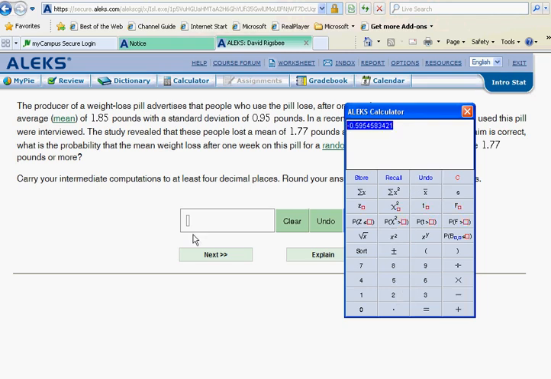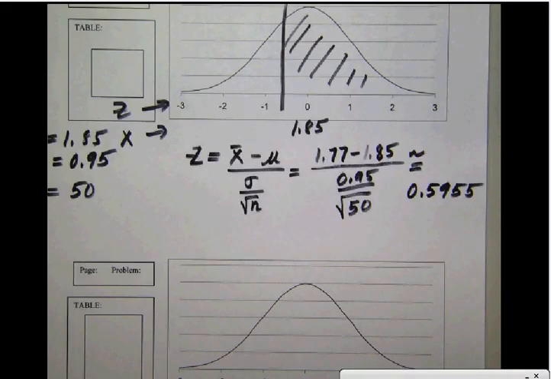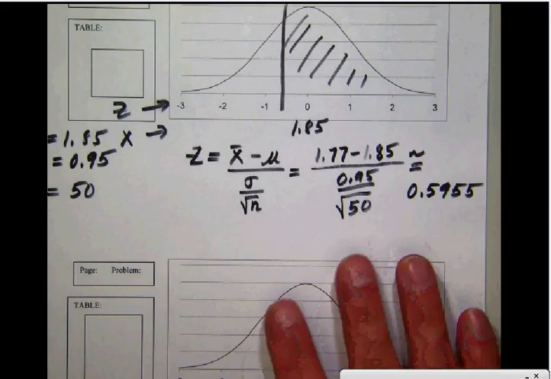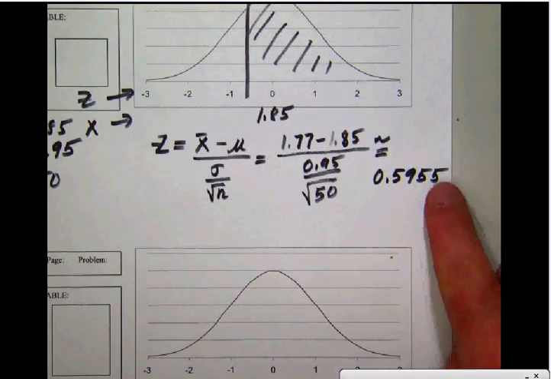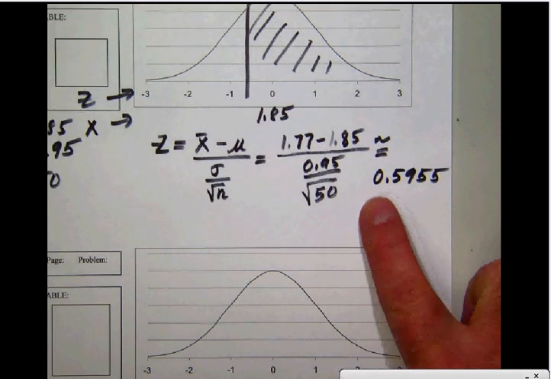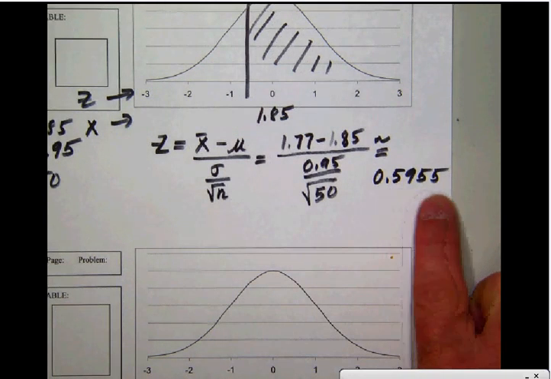Our z-score then that we come up with here is negative 0.595. Notice here they want intermediate computations to 4 places, so negative 0.5954. And since that next digit is greater than 5, we'll roll that last digit up, so our z-score will be negative 0.5955.